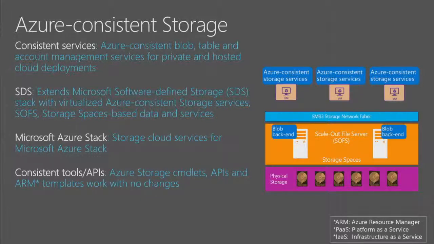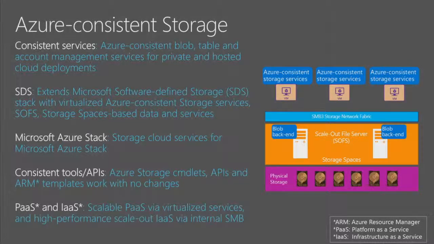And the other cool thing here is consistent tools and APIs. You could use the exact same PowerShell, same templates, same APIs, everything as you would in Azure with the Azure Consistent Storage as well. And PaaS and IaaS services would be offered on top of this platform.